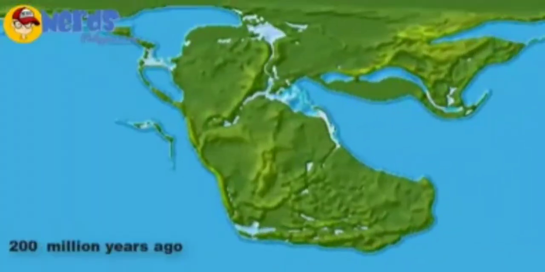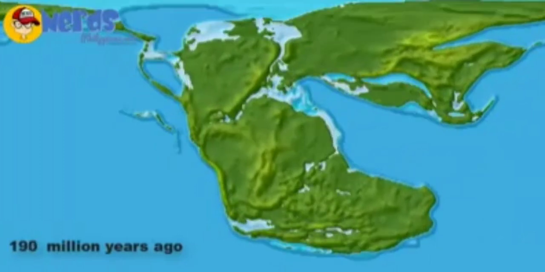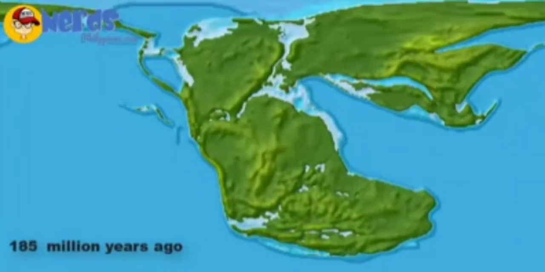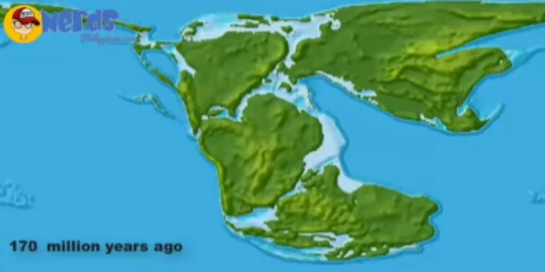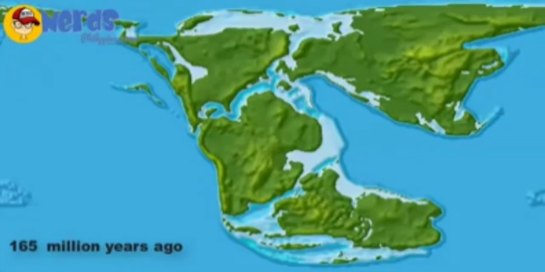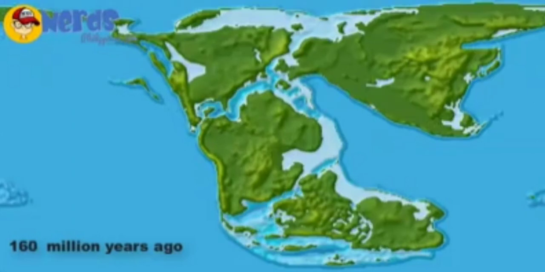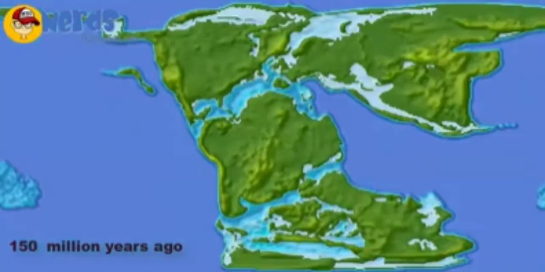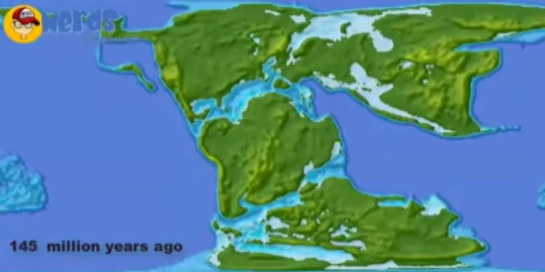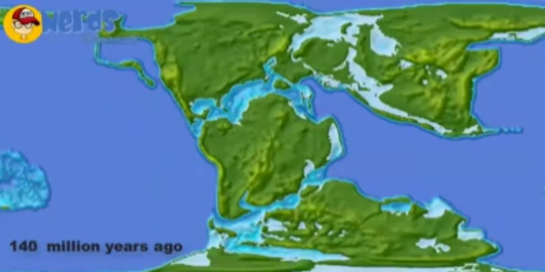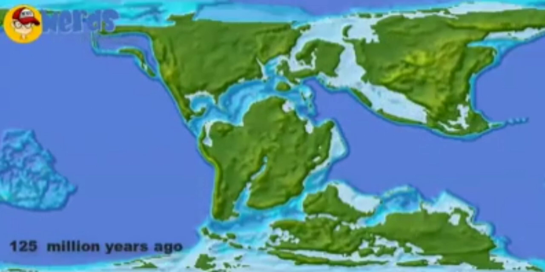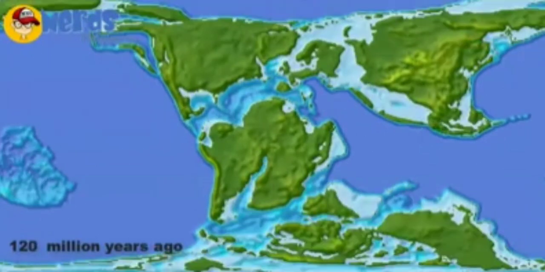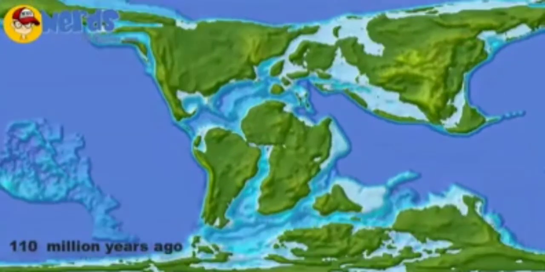Students, as you can see on the screen, this is a video of continental drift. If you are noticing, the continent was a single landmass at first, and slowly it is being separated. As the years go forward, the continents, or you can say the land masses, are being separated.